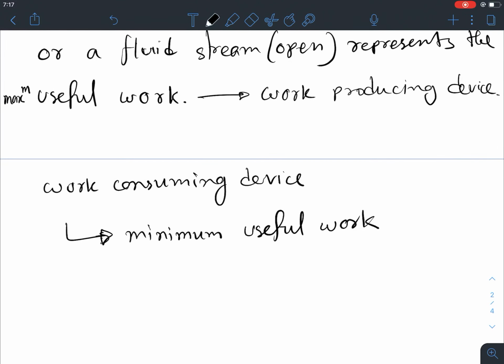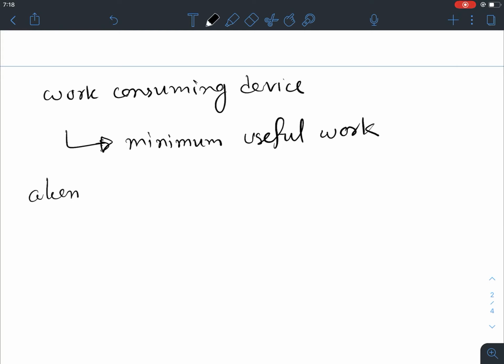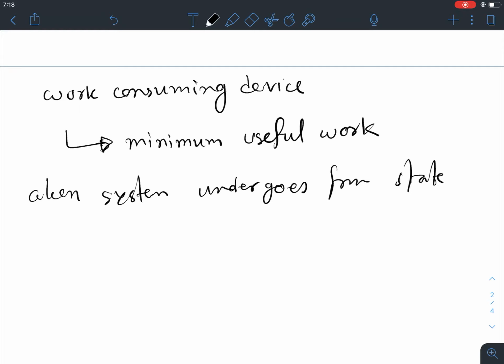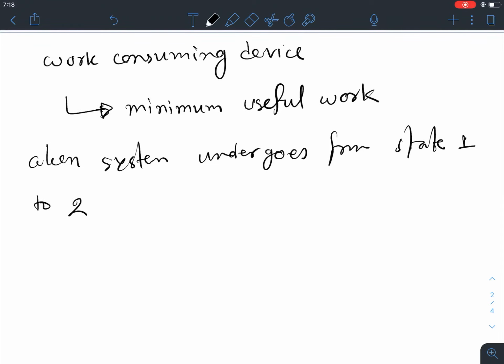And of course it has to go through reversible work, meaning the system undergoes from state 1 to 2 in a specified environment.